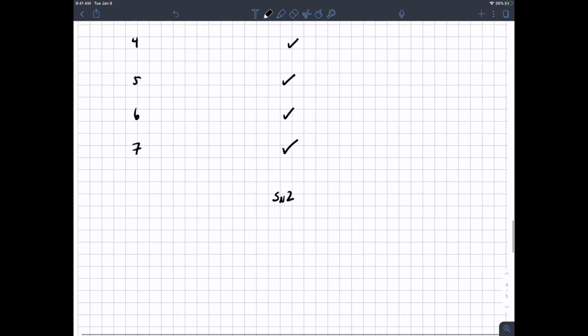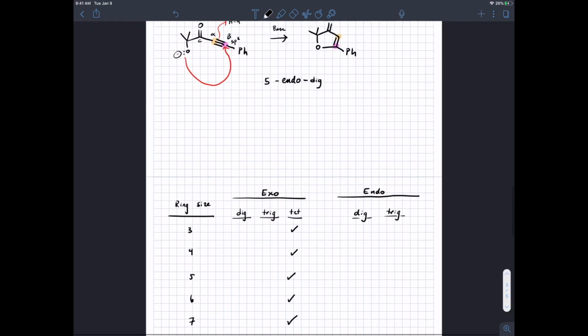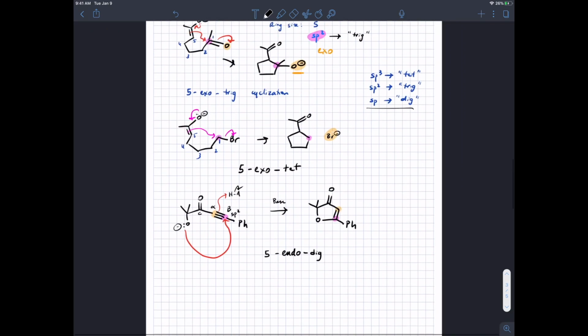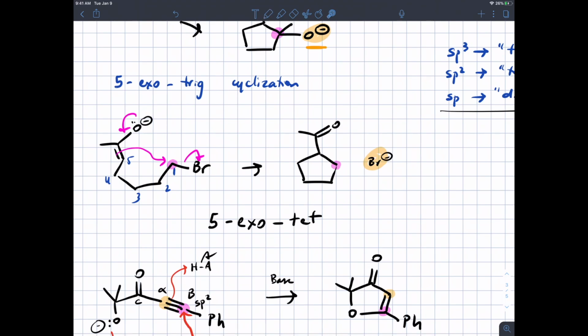And that is because, if we go back to an example of a tet cyclization, if the atom that's being attacked is sp3, and the atoms in between, atoms 1 and 5, are all single bonds, this is flexible enough that you can get the carbon-bromine sigma star in the appropriate location to be attacked by the nucleophile, right?